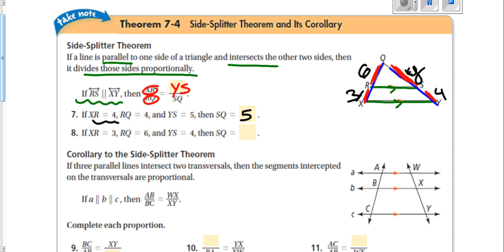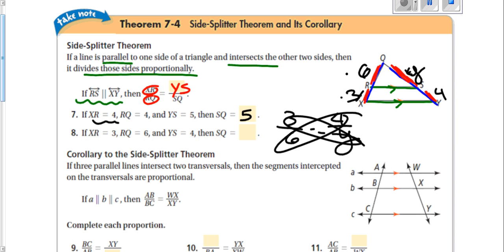So I'm going to set up a proportion. 3 over 6 is equal to 4 over Y. Okay, because our sides are proportional. I cross multiply. I get 3y equals 24. I divide by 3 and I get 8. Okay, so that is a fun fact that I can use to help me find missing side lengths.